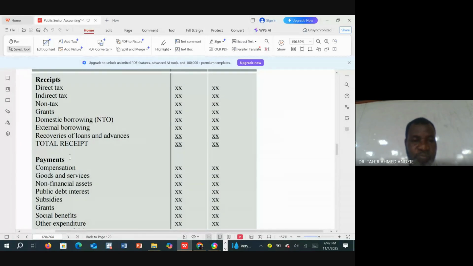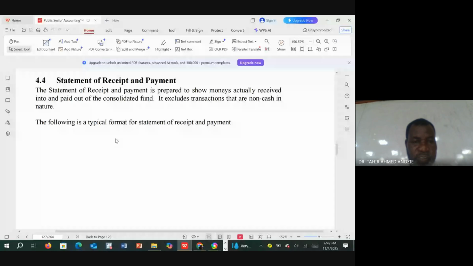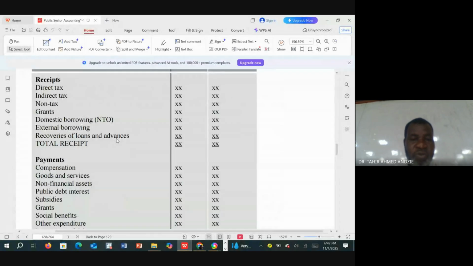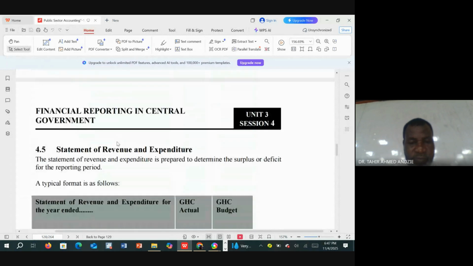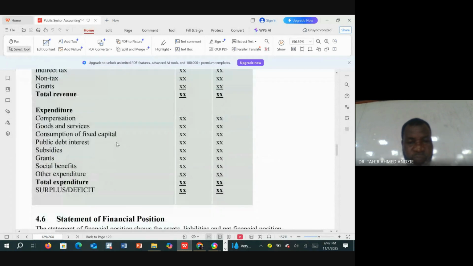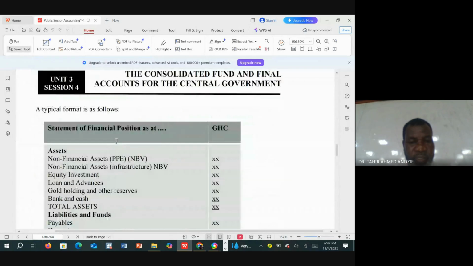For example, domestic borrowing, or external borrowing that you are going to receive. These are not revenues for you, so you cannot just add them as revenue earned, right? So look at the difference between receipt and payment, and then be able to prepare the account.